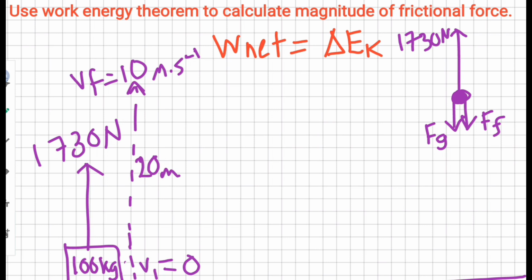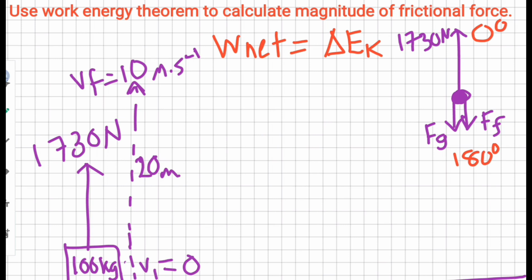Okay, so the work done by gravity, so we know that is the 0 direction. This will be the 180-degree direction. So gravity and frictional force are going to do negative work.